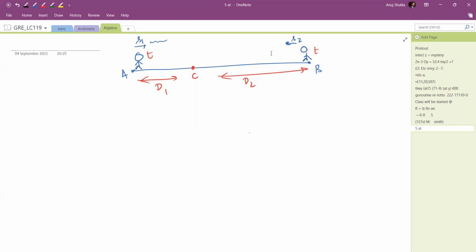Because when you are sitting in one train, you are at rest, because your frame of reference is train 1. So your velocity is given to the other train, the opposite train which is coming. Suppose you are running with the speed 80 and that train is running with the speed 100, then the train speed will look like 100 plus 80, that is 180.